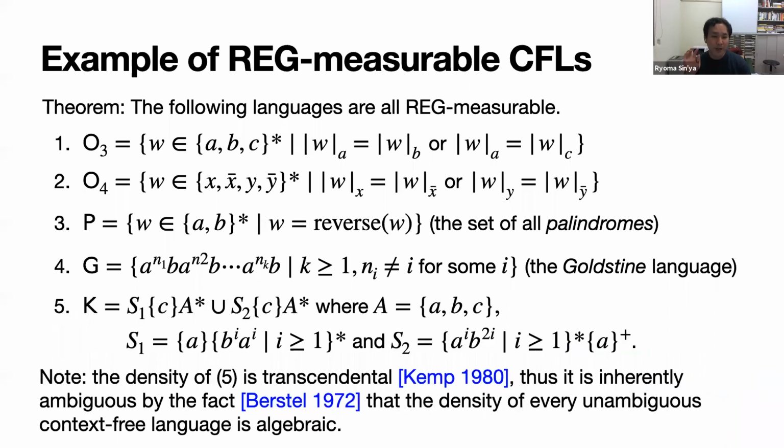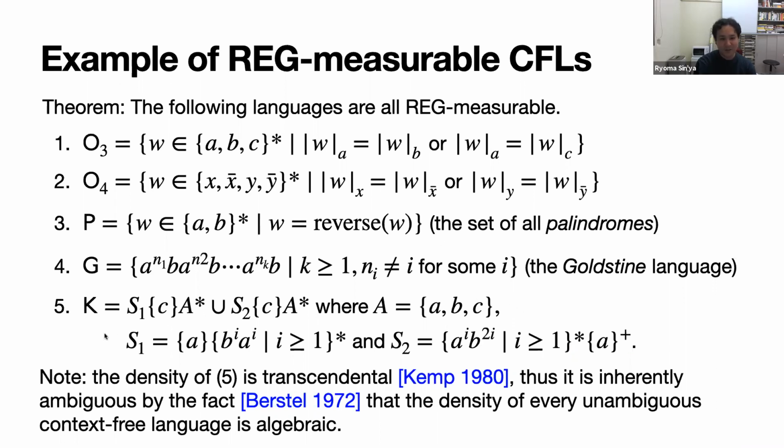And somewhat surprisingly, I showed that the language defined by K_emp is also regular measurable. Here, K is defined like this. The definition is a bit complicated, so maybe you don't need to read it.